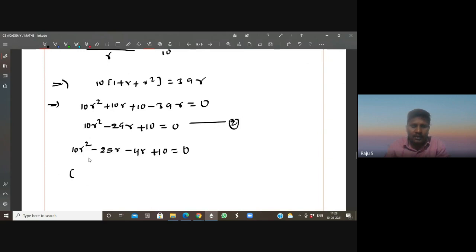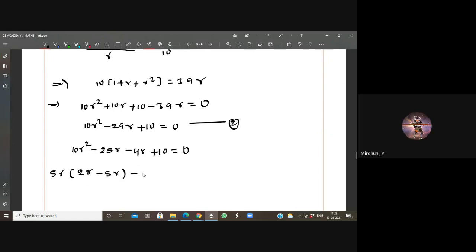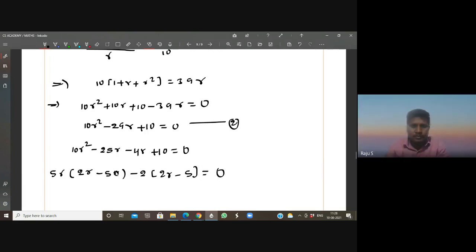Anyhow, what is the common factor in the first two terms? 2R minus 5 R. Sir, R equal to 5 by 2 or 2 by 5? So R is equal to 5R minus 2. I am writing the steps here.